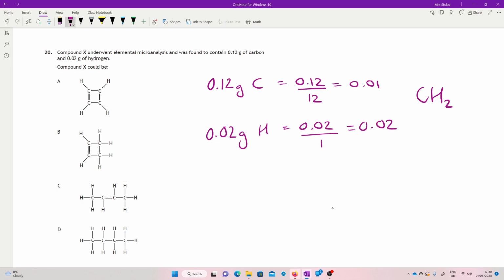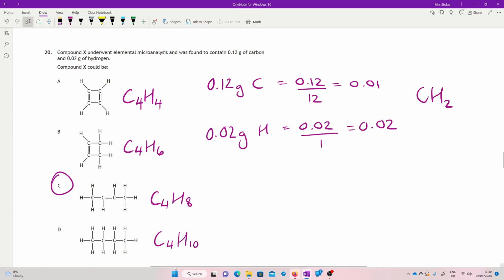Then you just do some work, and it's not that bad for this one. C4H4 is not CH2. C4H6 here, nope, no good. C4H8, that's what you want. And just to check, C4H10 is also not CH2, so definitely C.